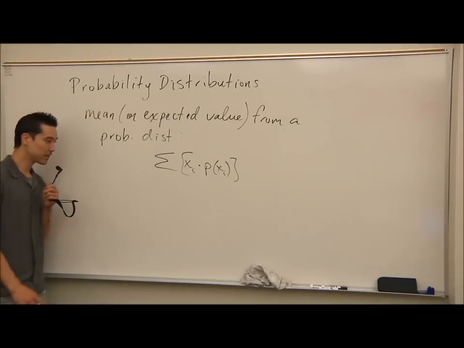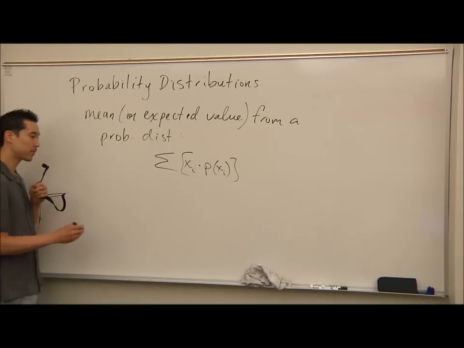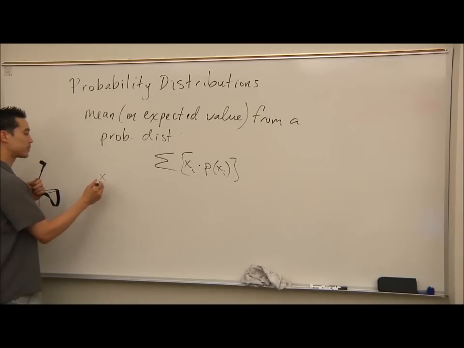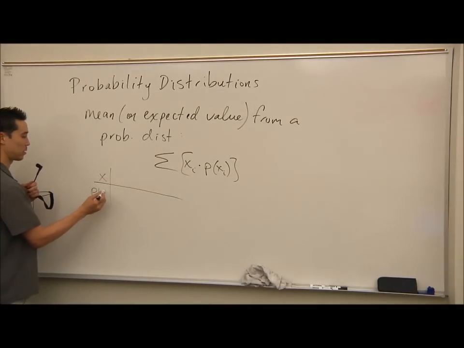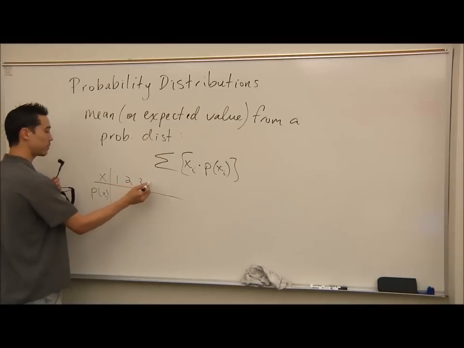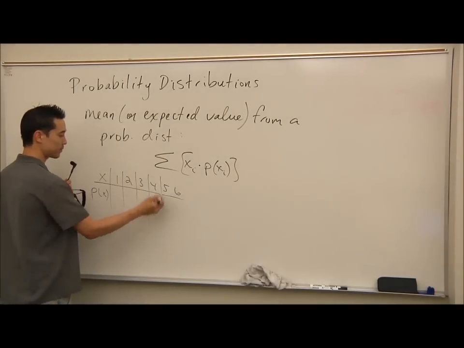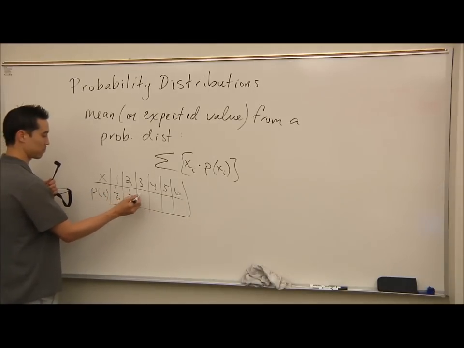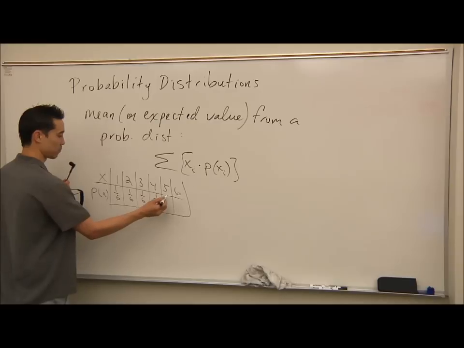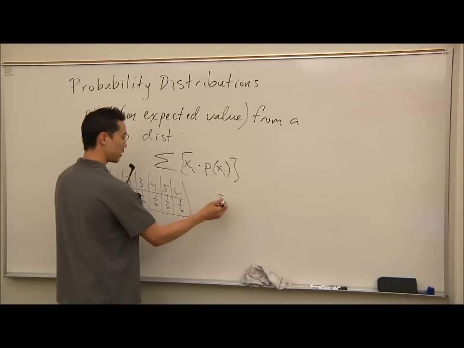Okay, let's do the last example we just did with rolling a single die, right? So I had 1, 2, 3, 4, 5, and 6. All of these were 1/6. So I would get the summation.